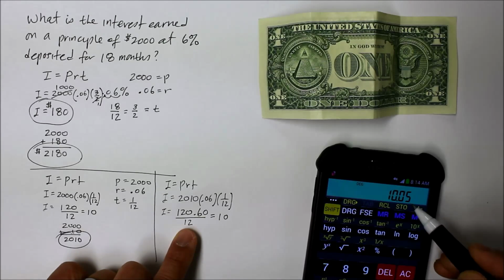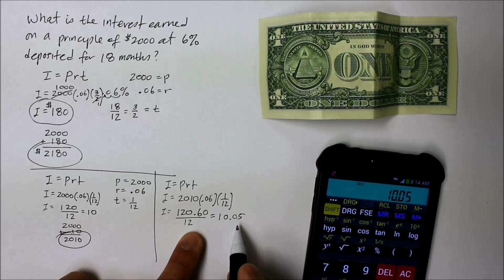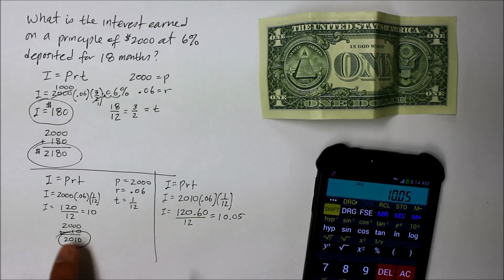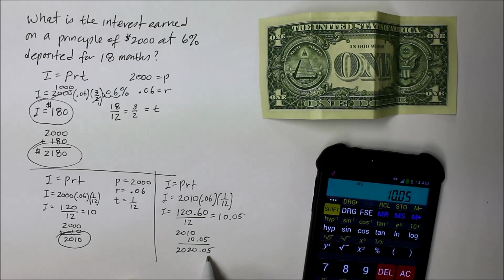It'll be $10.05. You actually earn 5 cents more on the second month. So the new balance at the end of that second month is the new principal that you put in, which was 2,010, plus the new amount of interest, $10.05. So your new balance at the end of that second month is 2,020, and you actually got 5 extra cents along with the 10.